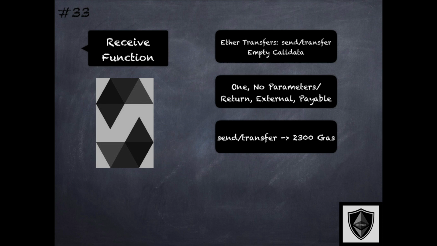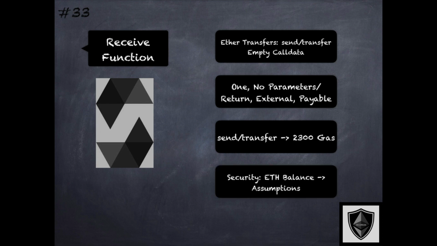But this minimal amount of gas really does not allow a receive function to do anything much more than some basic logging using events. So from a security context, a receive function becomes interesting to evaluate because it affects the ether balance of a contract and any assumptions in the contract logic that depend on the contract's ether balance.